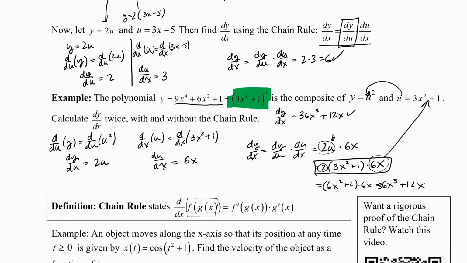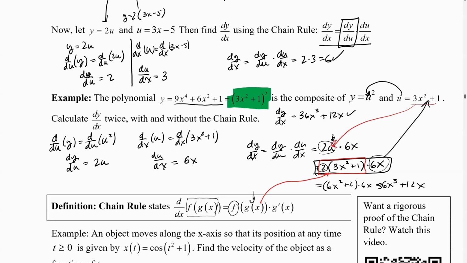And the chain rule in this instance says, you want to find the derivative of that composite function? Take the derivative of the outside function and leave the inside function the same. That is what we have right here when we say the 2 times the 3x squared plus 1. We took the derivative of the outside, that gives us the 2u, and then we put u unadulterated back into u.